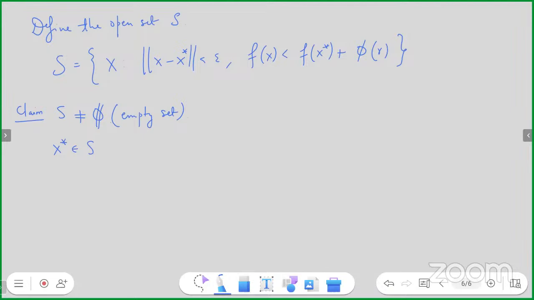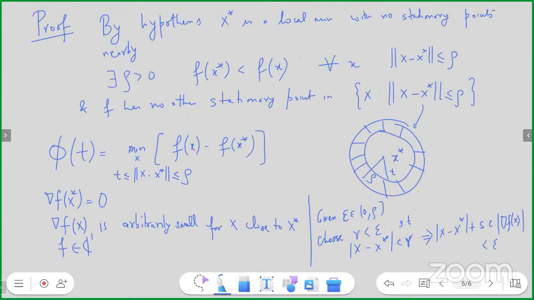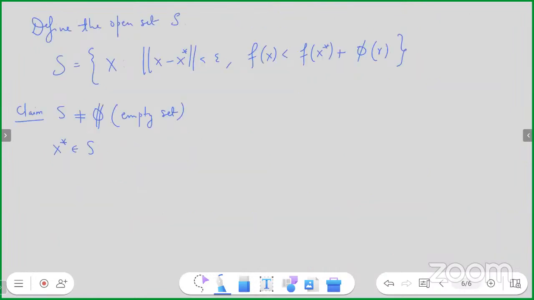Then the definition of phi of t is the minimum. So what is phi of r? It is just going to be the minimum of this. So phi of r will be less than or equal to f of x minus f of x star, because it's the minimum, right?